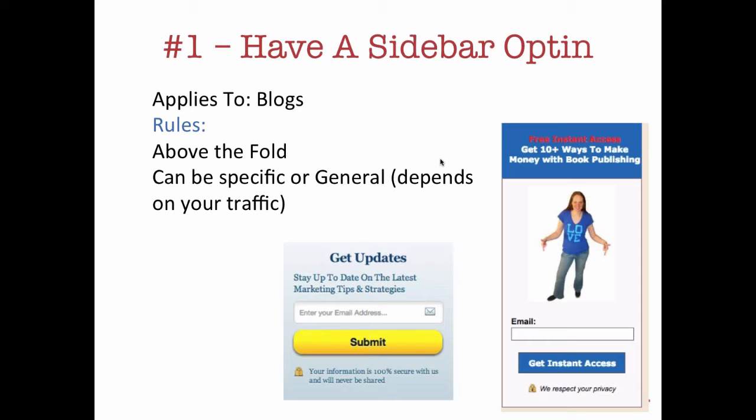So I've obviously tested both of these. They both work. Sometimes when you get too specific, like the one on the right here, I often find that you have to change your offers around a lot, because if you have something on your blog like that, then a year from now it can get outdated. So you have to make sure you really keep that up to date.